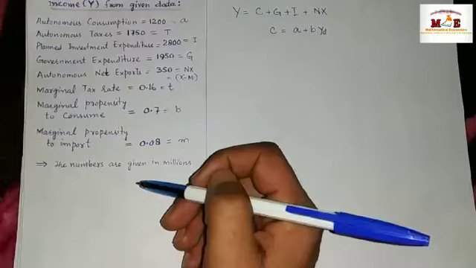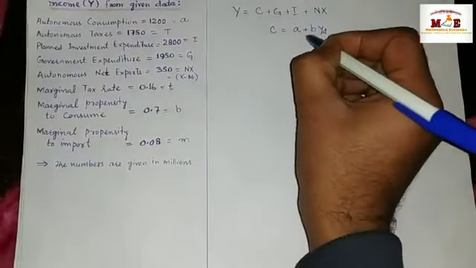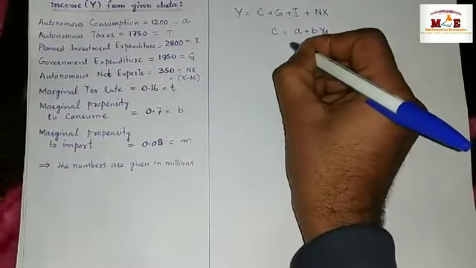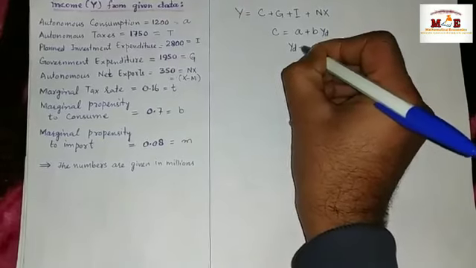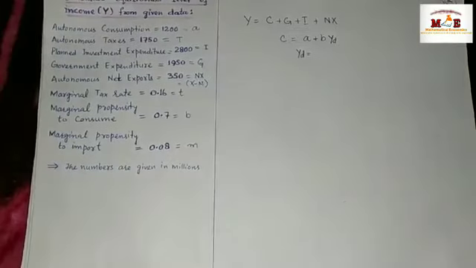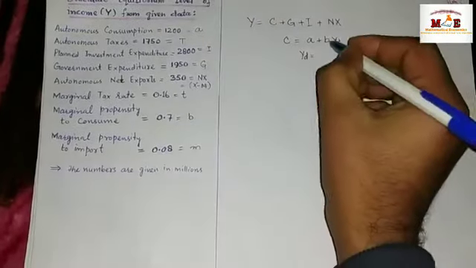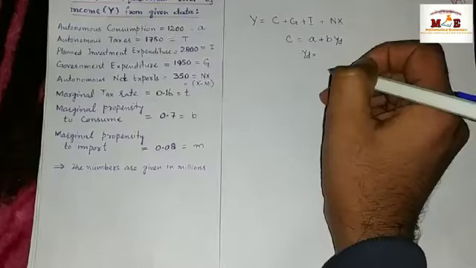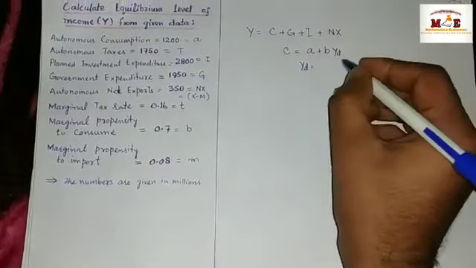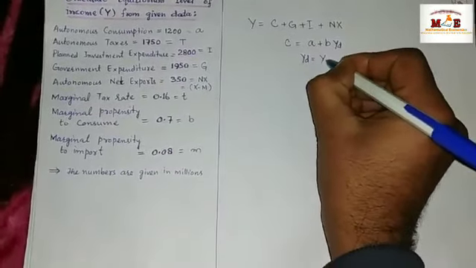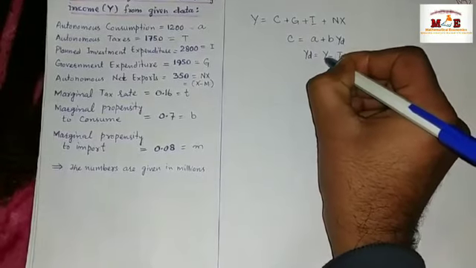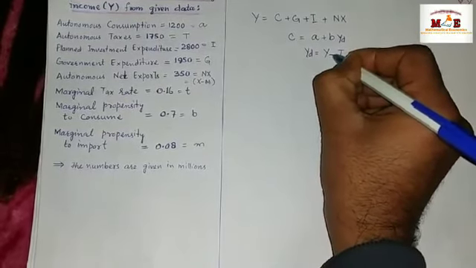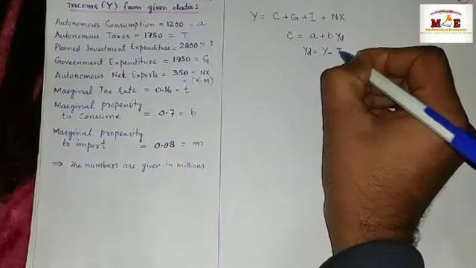Then next is YD. YD is the disposable income. Disposable income is that part of income which remains after paying the tax. Therefore YD will be equal to Y minus T, that is national income subtracted by the total tax given.